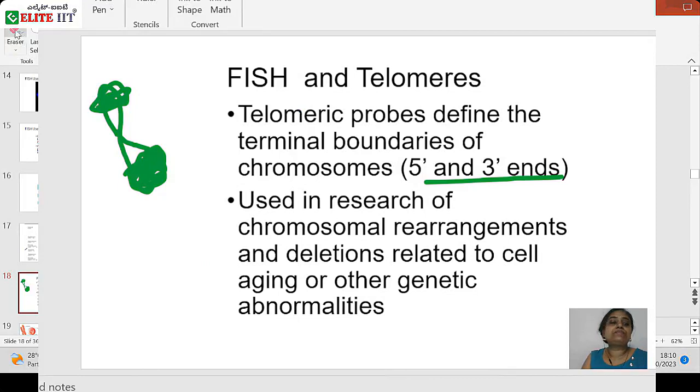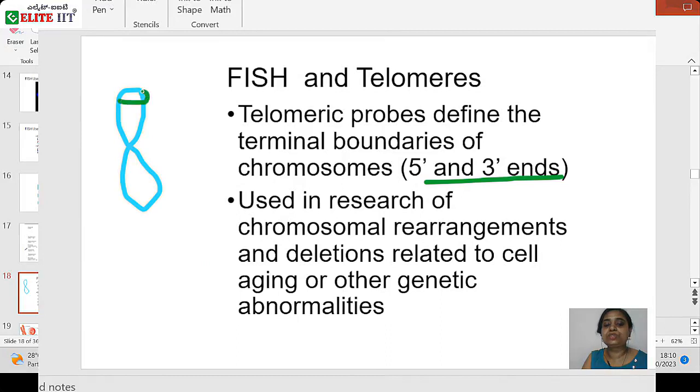Another use is that you can identify the telomeres. Telomeric probes define the terminal boundaries of chromosomes. You know this thing, I think. Telomere is present in human beings at the two end edges of the chromosome. With age, this telomere region is reduced.